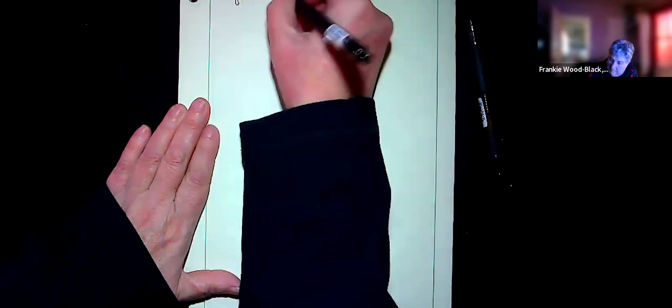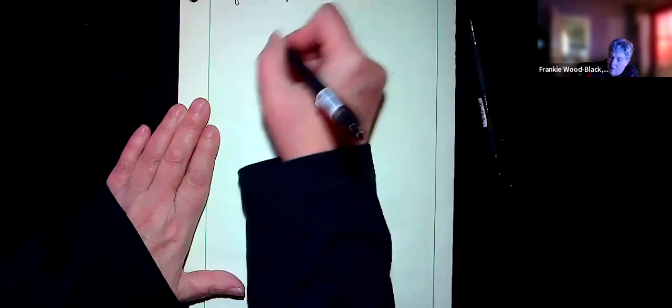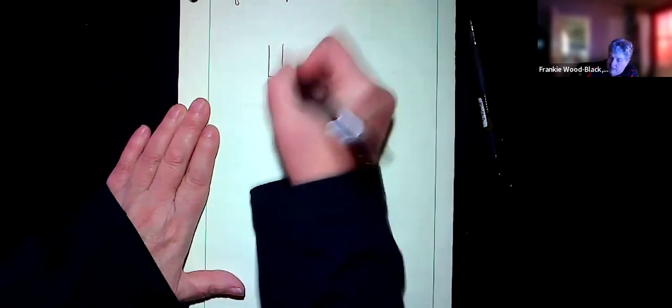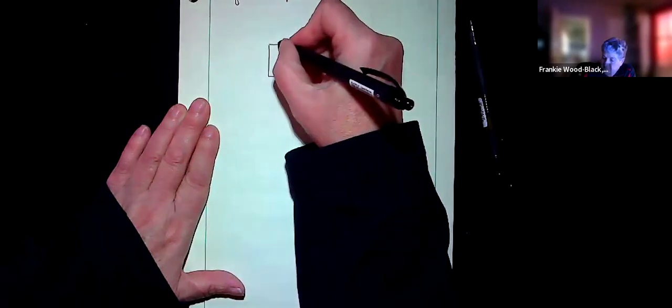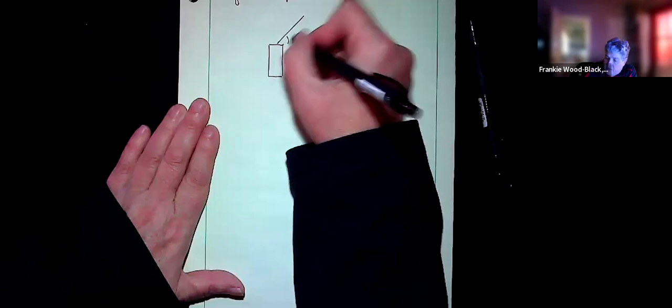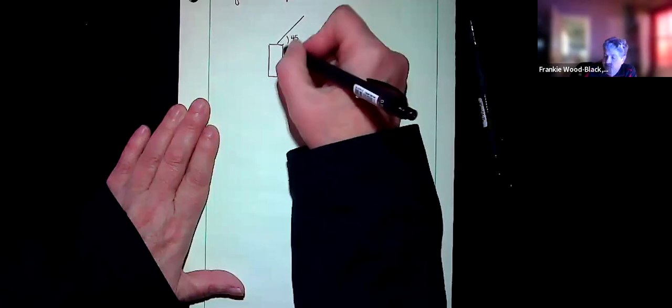We can do, let's see, we can do equilibrium problems. So I've got an object that's hanging down, and it's being strung with this wire, and this is 45 degrees.